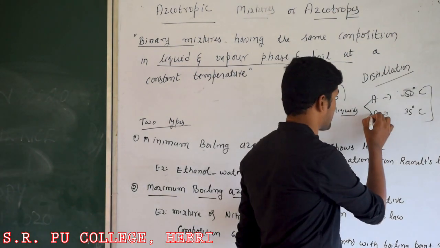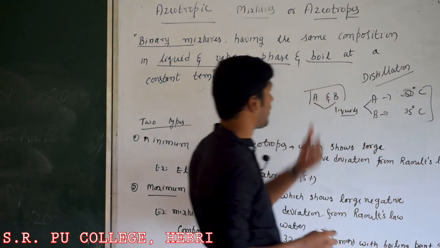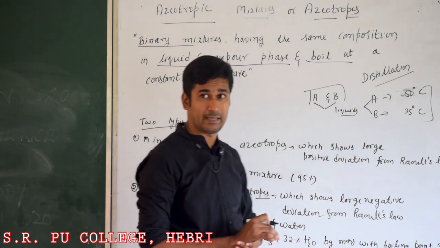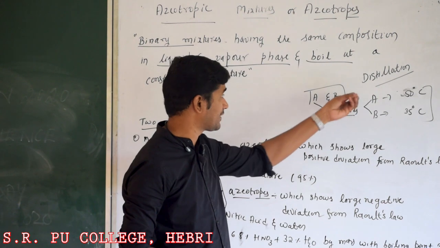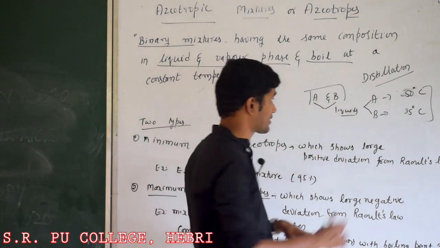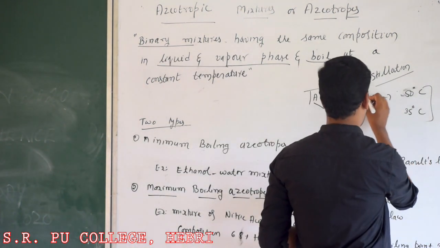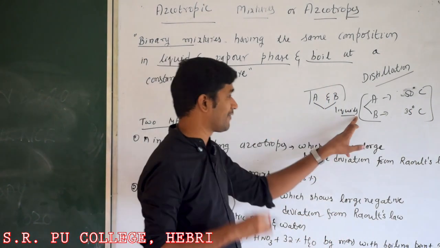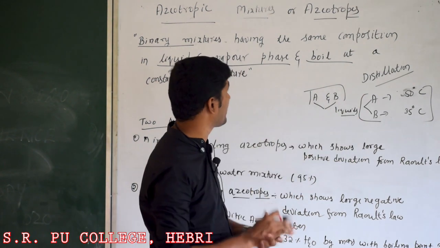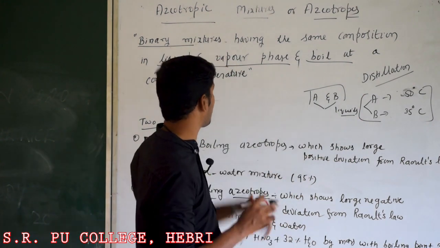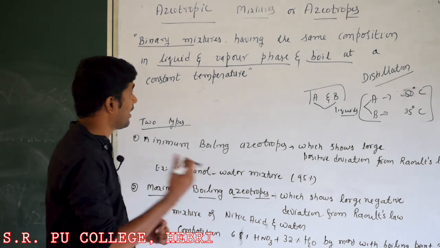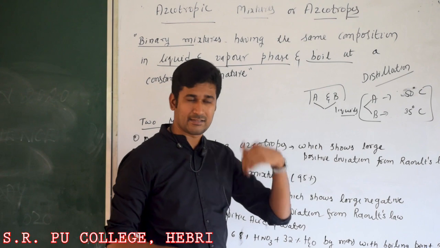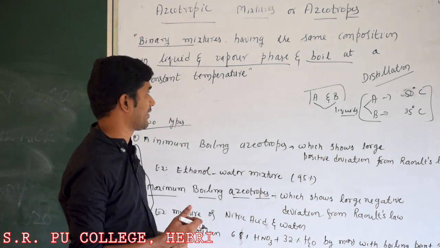In that solution, both A and B start boiling at a constant temperature. That's why separation becomes difficult, because in vapor phase, the composition of A and B are the same at that constant temperature. The amount of solute present in liquid phase is equal to the amount present in vapor phase.